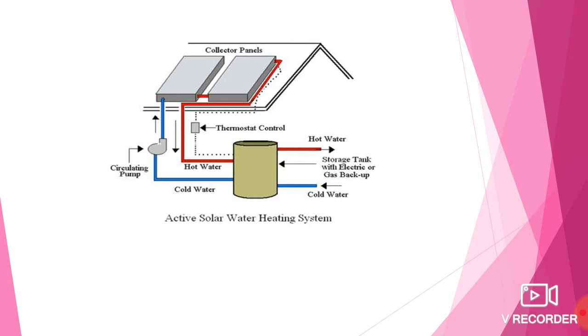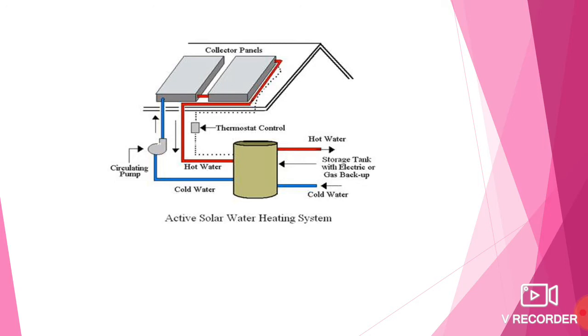In the active heating system, separate collectors are there along with the solar radiation, and the water and the air are circulated by pumps or fans, and conventional means are used to distribute the heat to the interior of the residences.